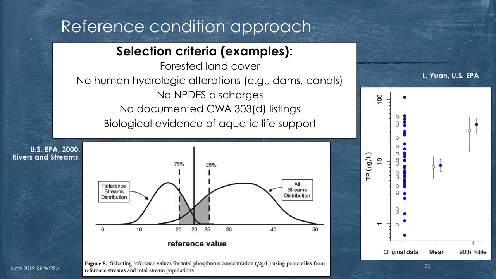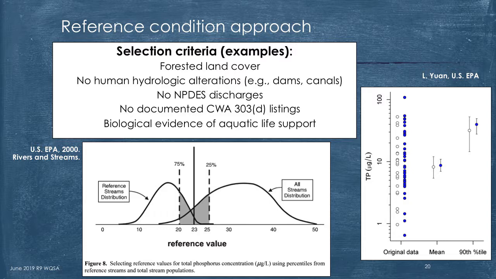Oh yeah, before I get to Lester's things. So this is essentially the reference condition approach, right? So Hawaii did this 40, maybe almost 50 years ago. It's ocean instead of streams, but they went out and they sampled a bunch of ocean waters.